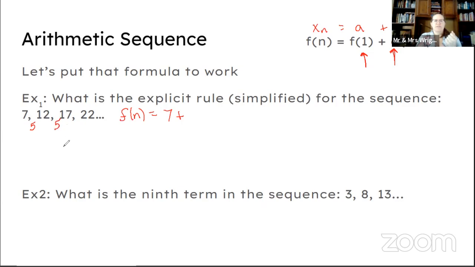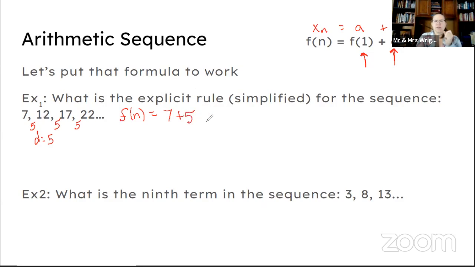There's a difference of 5 between them. You could just plug into your calculator or do it mentally: 12 minus 7 is 5, 17 minus 12 is 5, 22 minus 17 is 5. Okay, so D in this case is 5. All right, so that's where we are. We're plugging in D right here, 5.